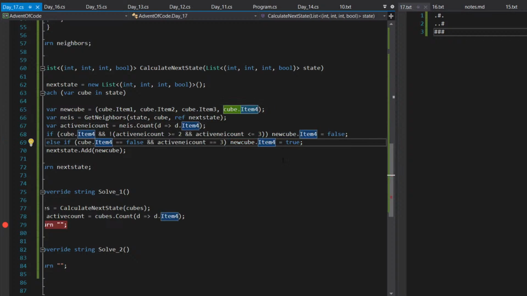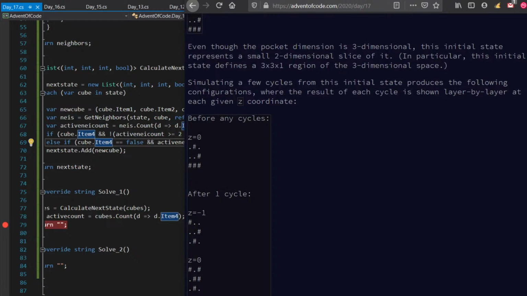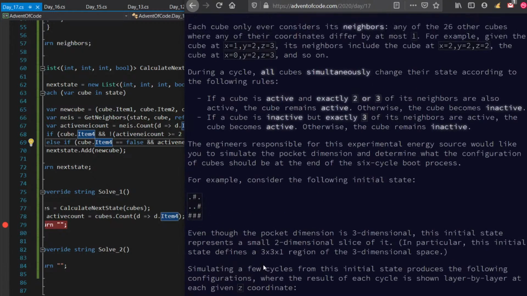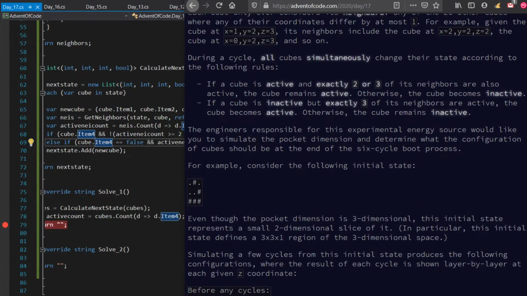Hmm. This one goes inactive. During a cycle, all cubes simultaneously change their state. Even though the pocket dimension is three-dimensional, initial state represents a small two-dimensional slice of it.